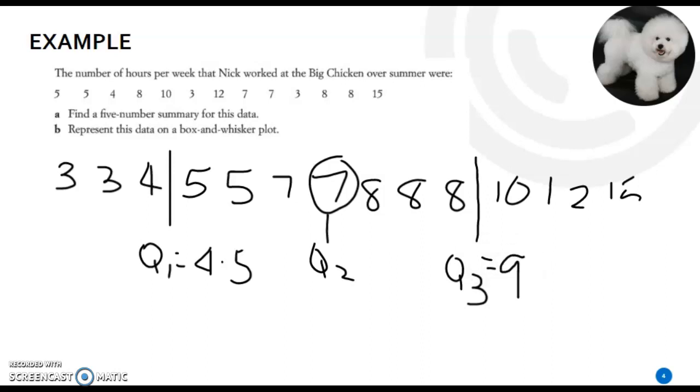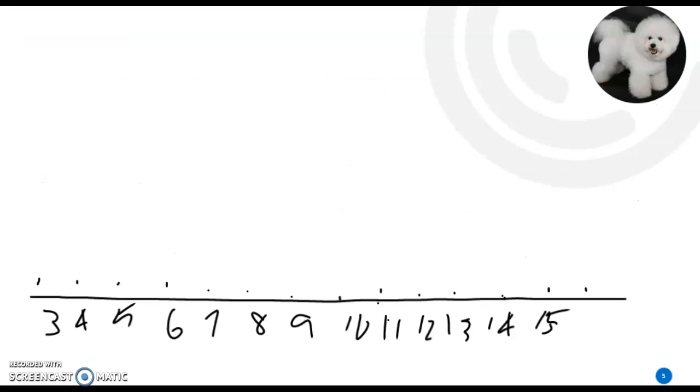So there's 3 of our 5-number summary. The other 2 numbers come from the lowest number and the highest number. I'm just going to copy those down so you can see, and that's my 5-number summary. We're now going to represent that in a box and whisker plot.